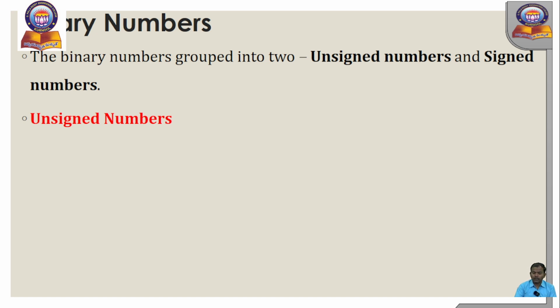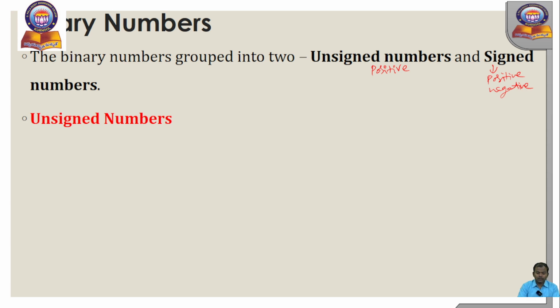The unsigned binary numbers mean only positive numbers, there are no negative numbers. Signed means both positive and negative. So how are these numbers represented in binary?